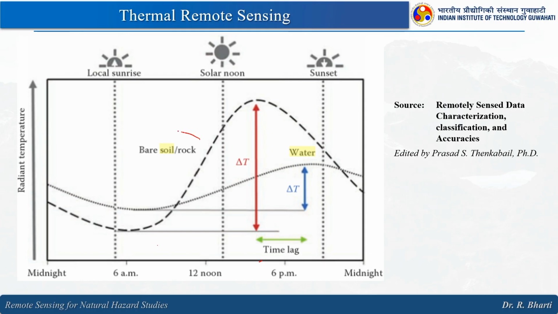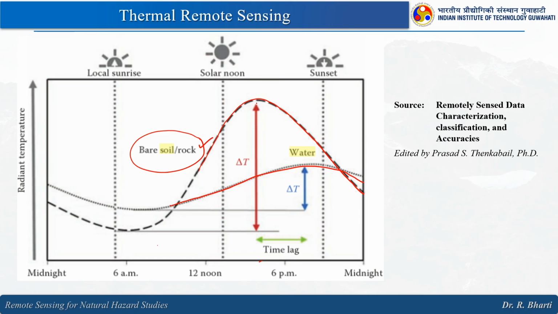If we consider bare soil or rock, whether the rock is metallic or non-metallic in nature, and what kind of soil we have, in such situations we will have a different cycle or different temperature changes, right. So, considering this particular concept, can we use it?